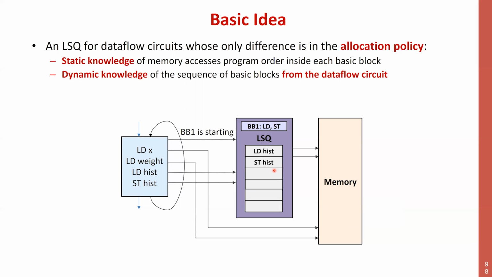So essentially what happens, this replaces what in my processor is the fetch and decode, right? I start a basic block, I go through it. The first thing that happens is that I fetch and decode these instructions and I allocate them. Here the allocation is done with this, and every time that I go through a basic block, I allocate in the queue.